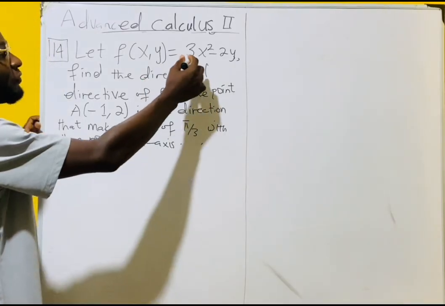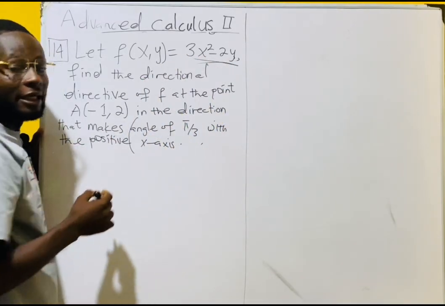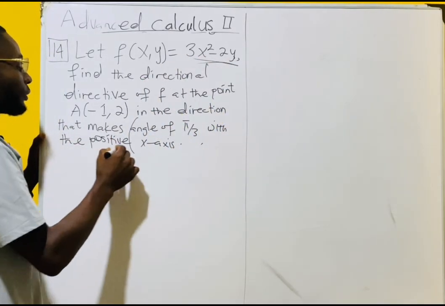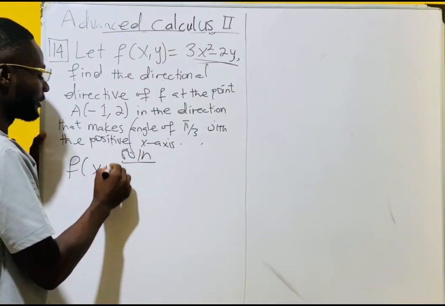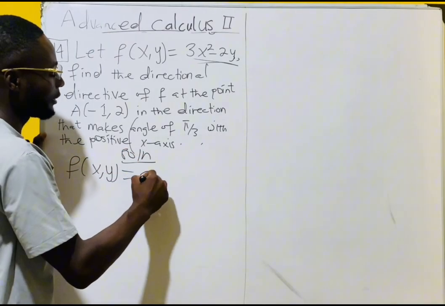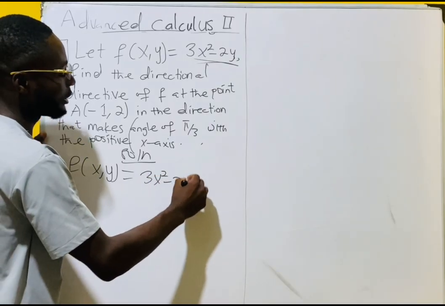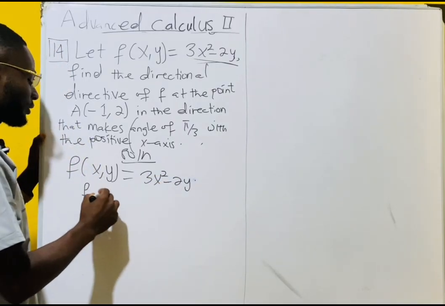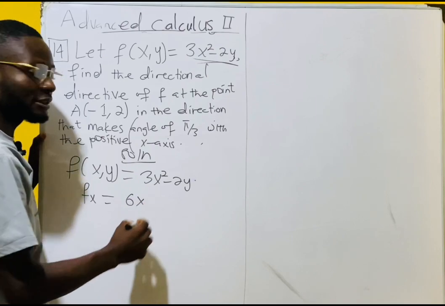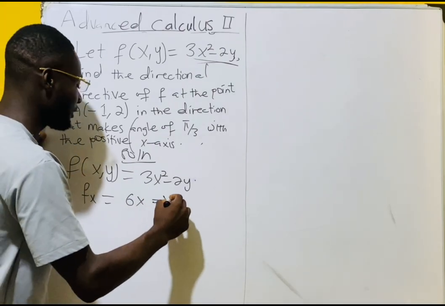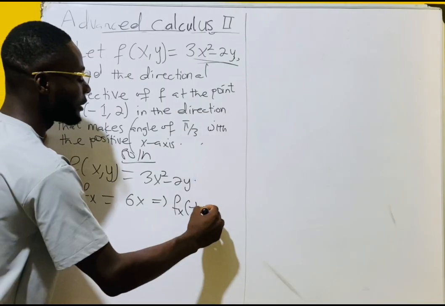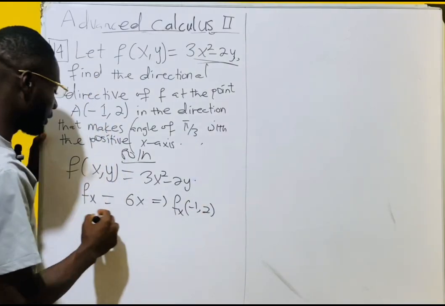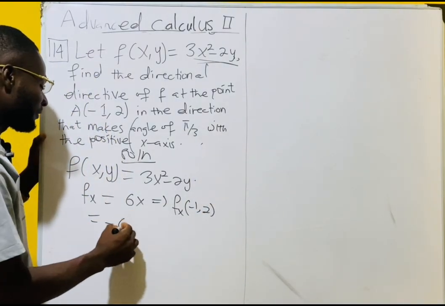First, let's begin to find the gradient, right? So we know that the function we have been given is f of x and y, 3x squared minus 2y, right? So fx will be equal to 6x, right? So this implies that fx at the point -1 and 2 will be equal to -6.